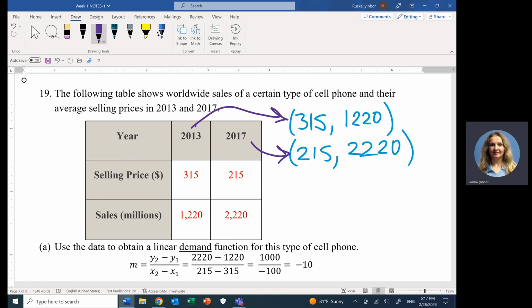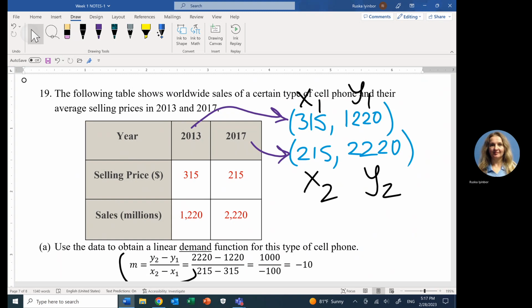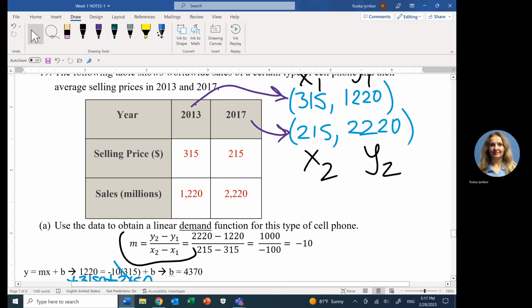First, you find the slope using those 2 points. You start with x1, y1, x2, y2 and plug those into the slope formula. So we get y2, which is 2,220, minus y1, which is 1,220, over 215 minus 350.